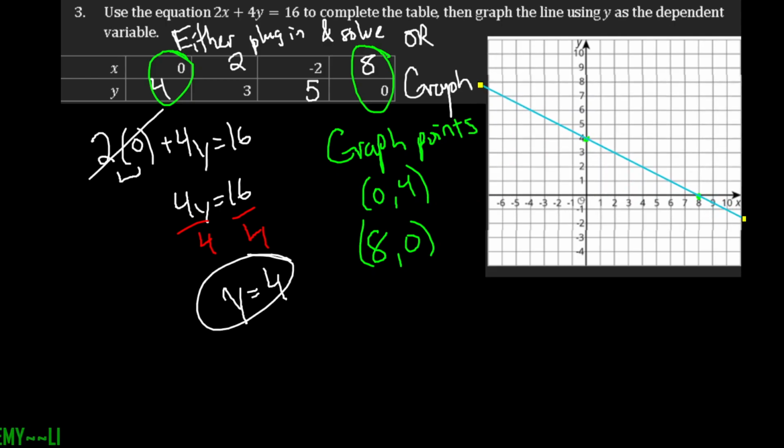All right, so just make sure you can draw a line through those 2 points, and it should go through the points that we had. So a way to check is if I look at the point -2, I should be at 5, which is good, and at 0, 4. What about 2, 3? That's on the line as well. And 8, 0 is there as well. So notice how those points are directly on the line, and we know it's good.